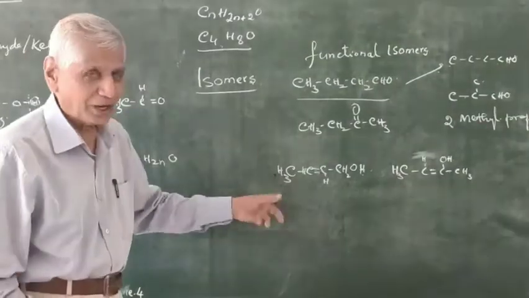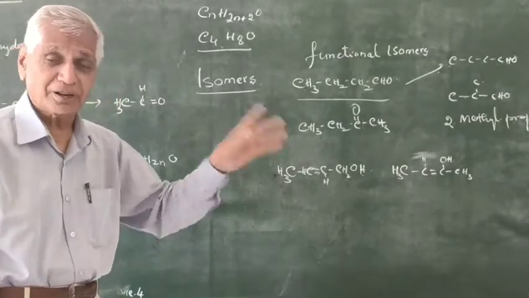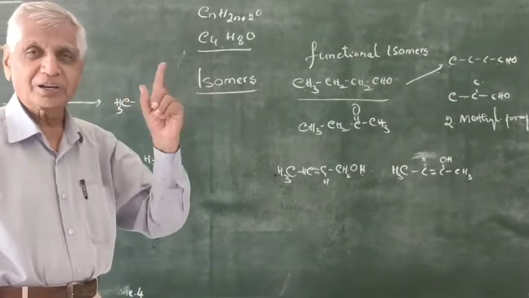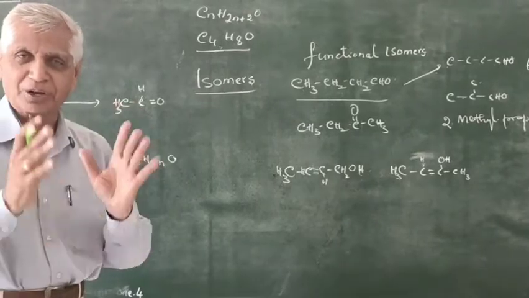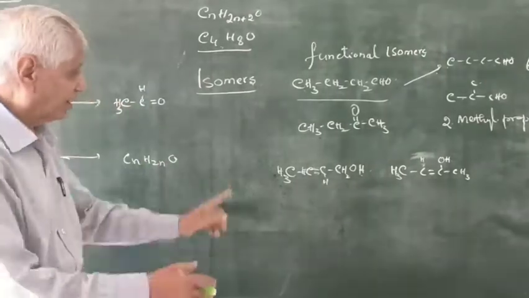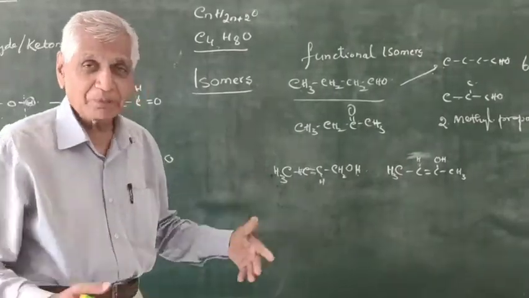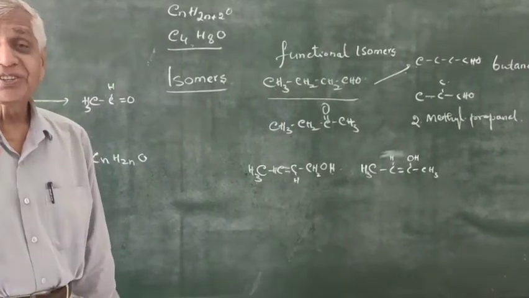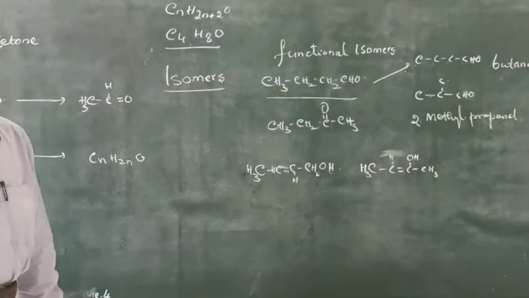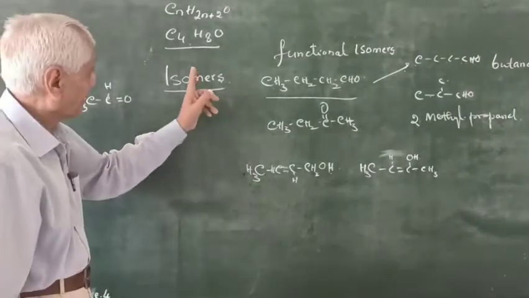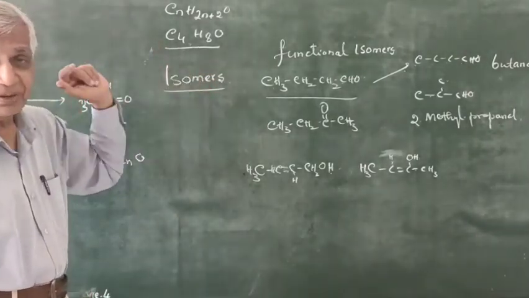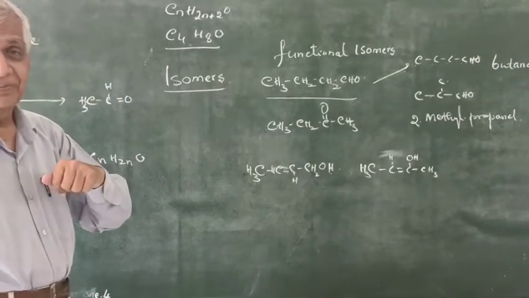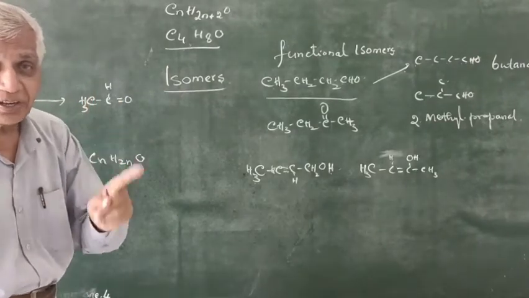When you think of the alcohol, definitely think of ether. Alcohols and ethers are functional isomers. Now when you think of the unsaturated alcohol, you may think of the unsaturated ether or cyclic ether. So with this formula, you have cyclic ether and unsaturated ether.